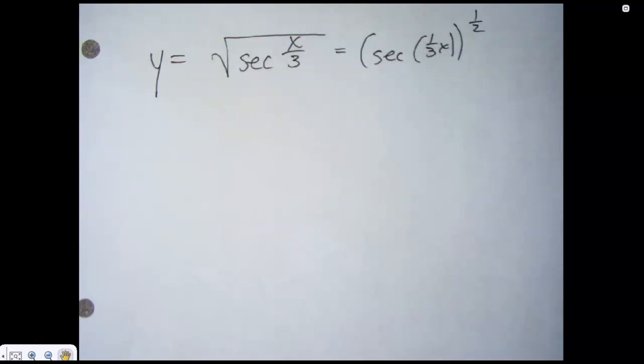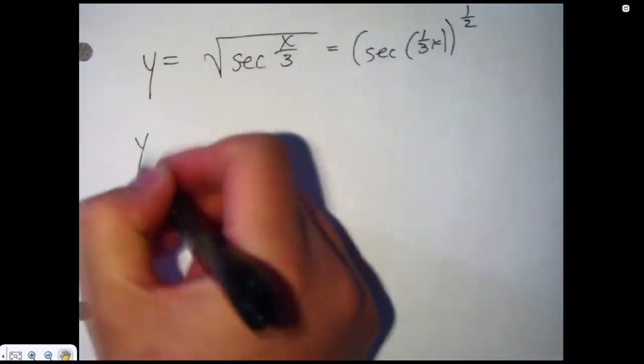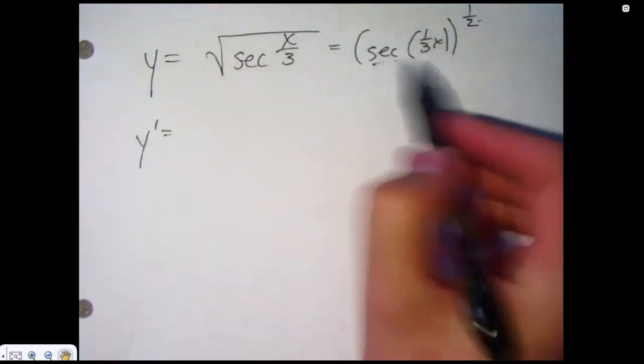And then no negative exponents, right? So the big guy is the half, and then the sec, and then the 1/3 x.